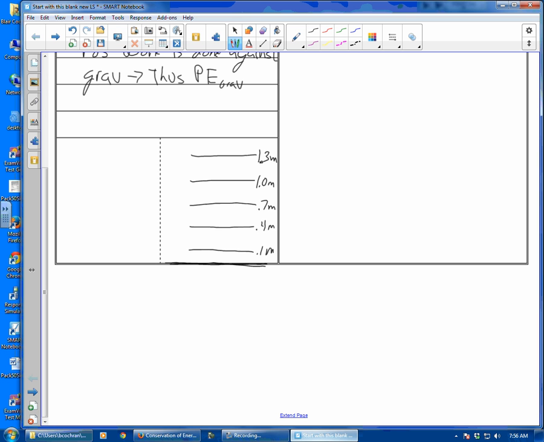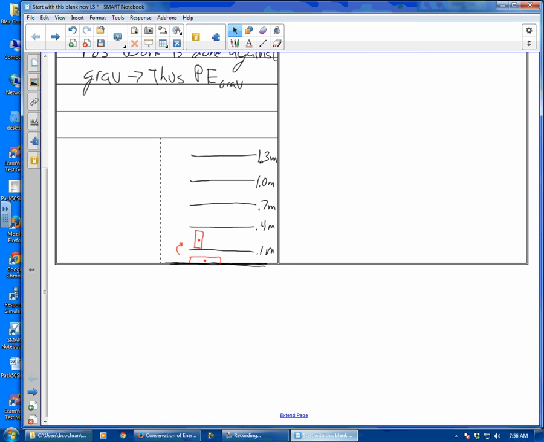Most common mistake is to forget that the books are going from lying flat, they're being moved up to standing on the shelf. Which means if we look at their centers, they've gone from basically on the floor to standing halfway up on the shelf.